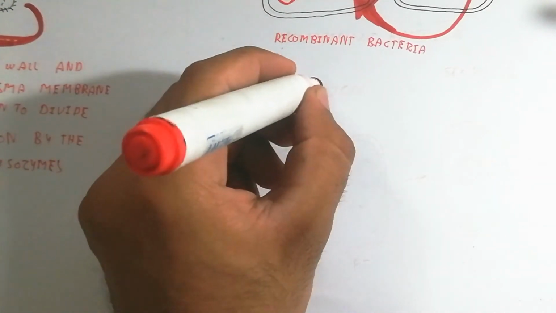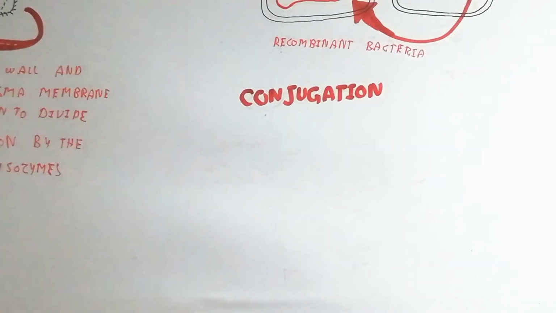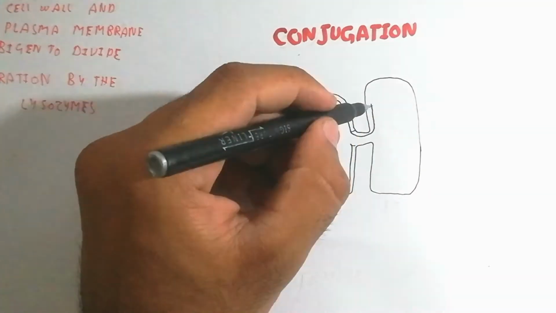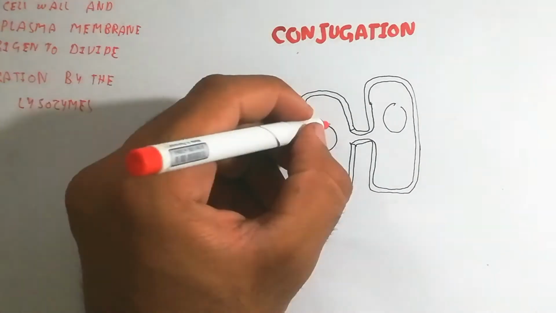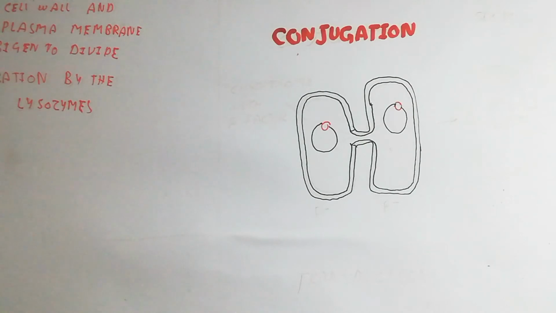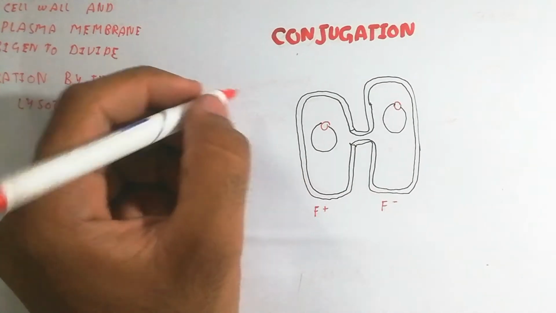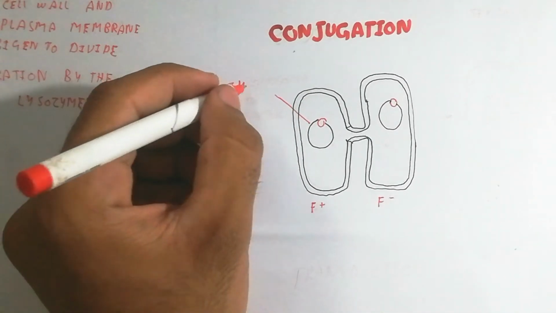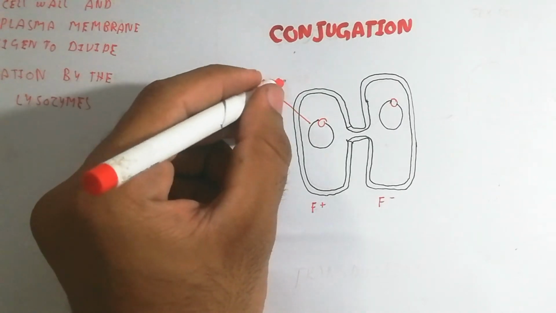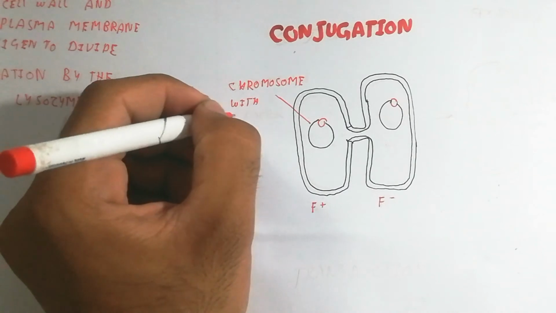But transduction can occur. We will discuss transduction next. So here, conjugation means the pili are used to interchange DNA segments by making a bridge, a specialized pilus known as the sex pilus. There are F factor positive and F factor negative cells.